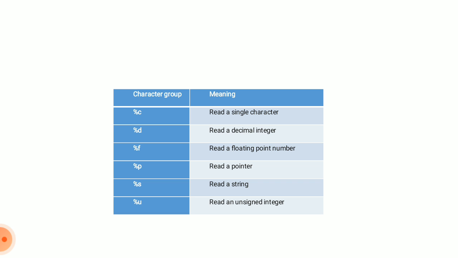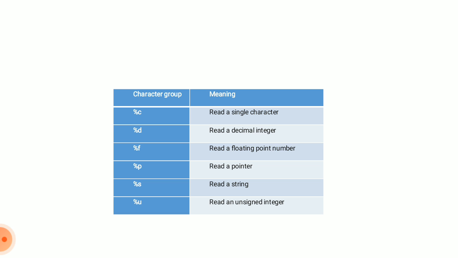Decimal here does not mean a decimal point, it means a whole number, that is an integer. %f means read a floating point number, %p read a pointer, %s read a string, %u read an unsigned integer. Okay. So, these are some character groups which we commonly use in the program. As we write programs in further videos, you will come to know how these conversion characters are used in the program.